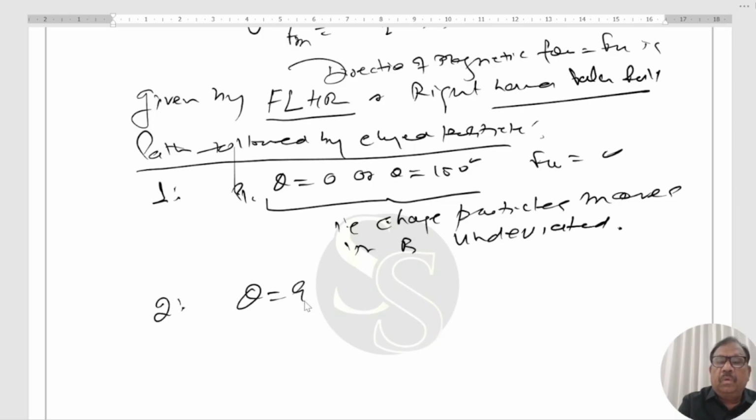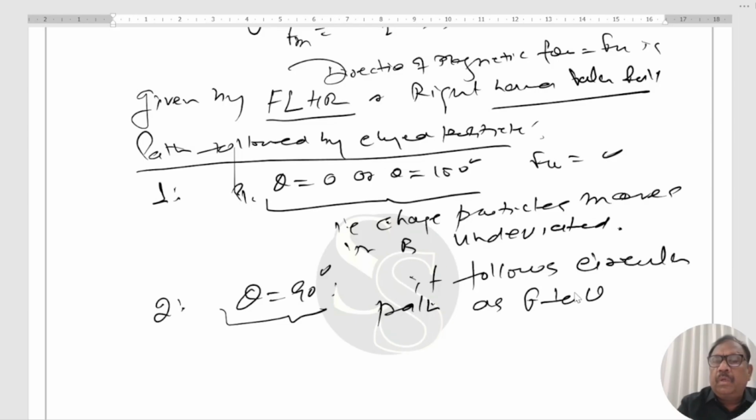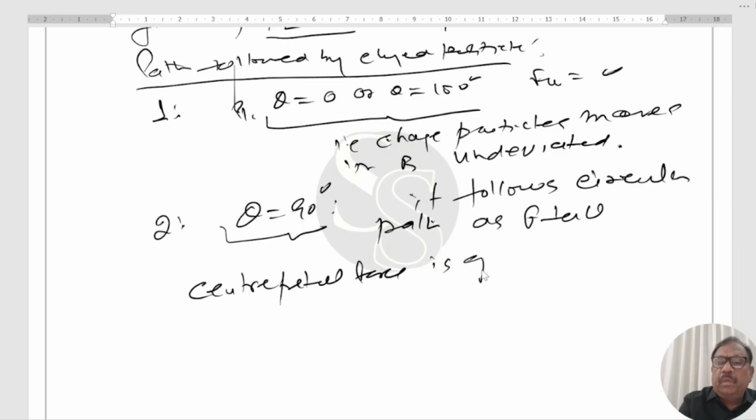Second, if theta equals 90 degrees, then it follows a circular path, as F is perpendicular to V. In this case, the centripetal force is provided by the magnetic force.